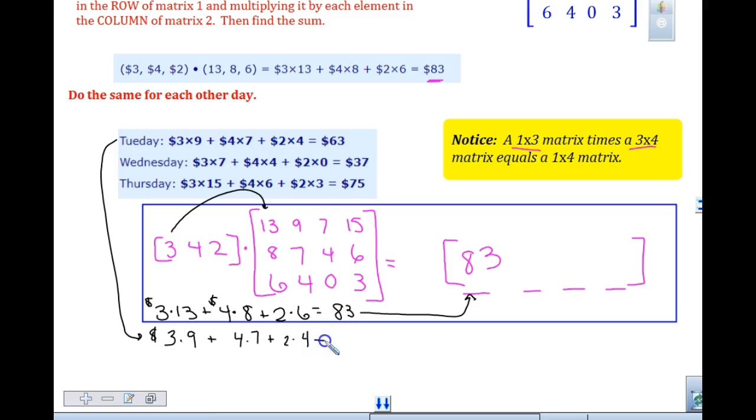That's where they got the 63. That's our next number in our cell. We're now doing Wednesday. So these were each day, we're now taking the $3 times the 7. If I call on you, I'm going to take the $4. What should I be multiplying that $4 times, Taylor?